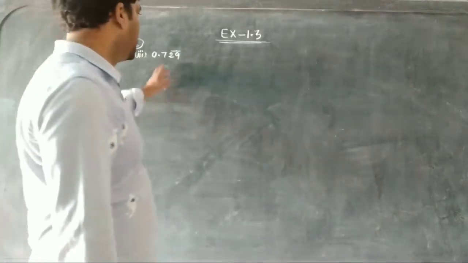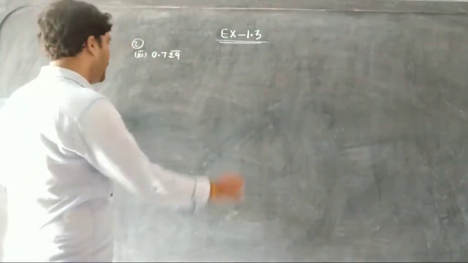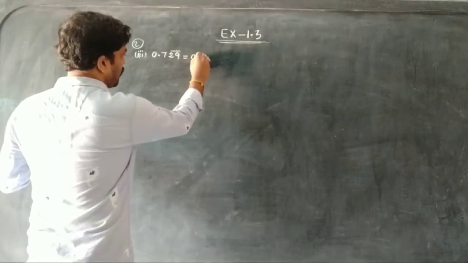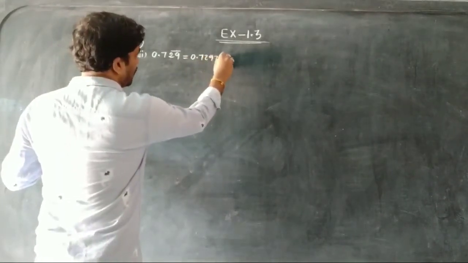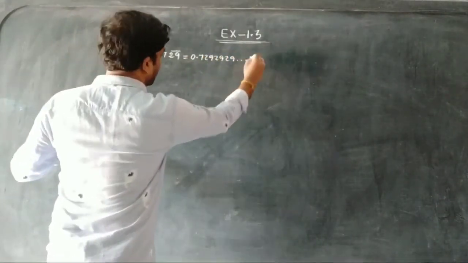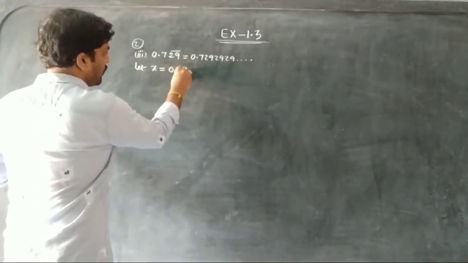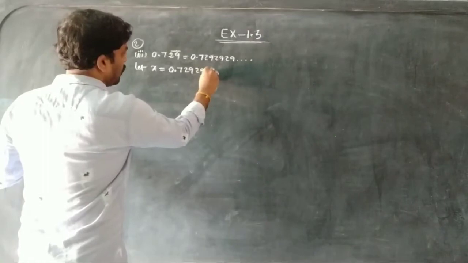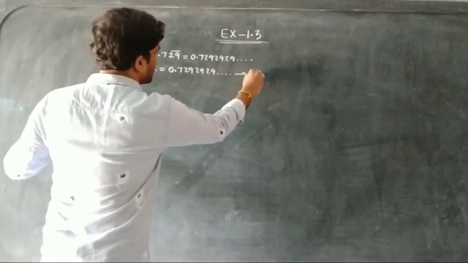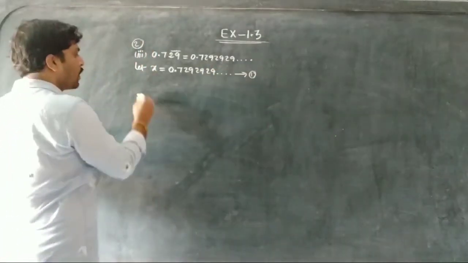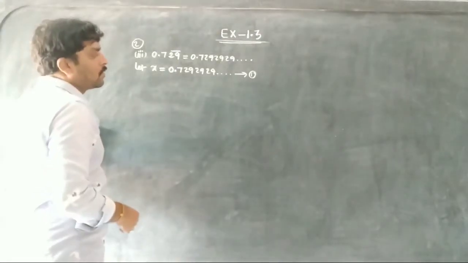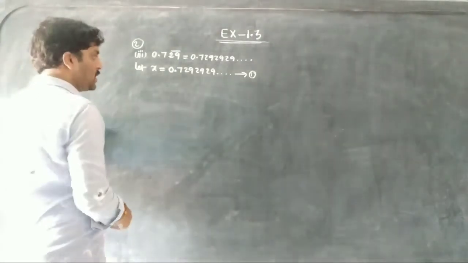Now 0.729 bar. 29 only has the bar. That is written as 0.7292929 and so on. Let x is equal to 0.7292929 and so on. This is equation number 1. Now the period is 29, periodicity is 2.